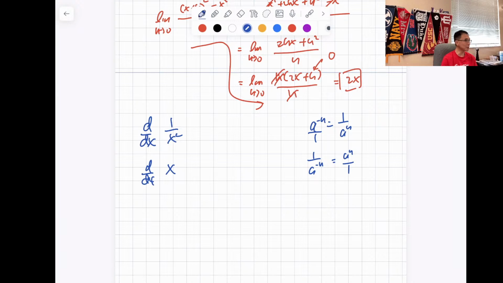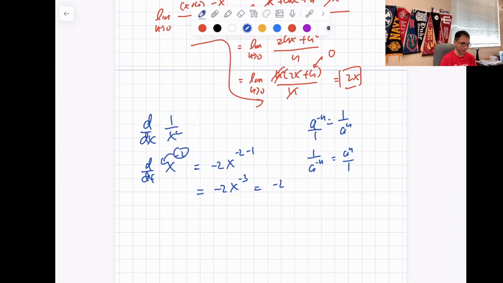So it'll be x to which power? Negative 2. Now I can take a derivative, because I can put this in the front. So it'll be negative 2 x to the negative 2 minus 1. Is that okay? So it'll be negative 2 x to the negative 3. Now I can change it back, because after I take a derivative, it's going to be like this. And that's it. I'm done. It's not a lot of work.